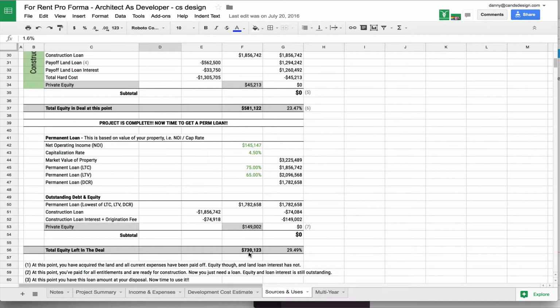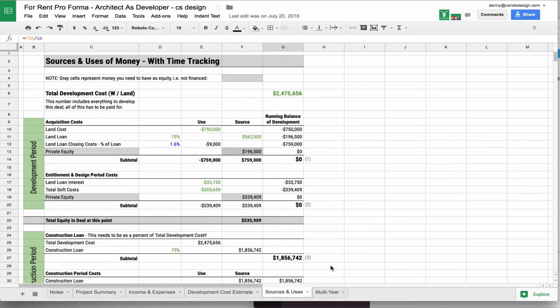Most importantly, you're going to be looking at what your total equity left in the deal is going to be at the very end. And if you look, it's about 30% of the total development cost, which again is a good number in terms of the bank, because you've got skin in the game. You definitely want this project to do well, because you need to pay back all your equity investors and hopefully move on to the next project.